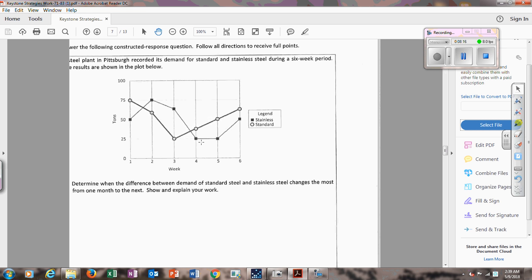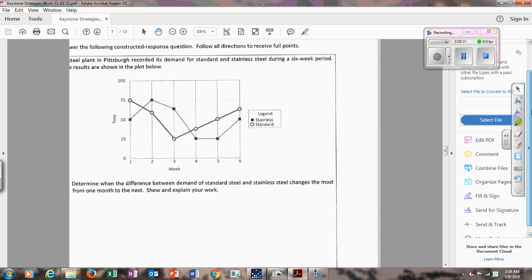So that one's really easy. You could just say, using the chart, the biggest drop off is between weeks 3 and 4, and that would be no big deal. They would completely get that. Put the numbers in there though. So make an approximation for this to be like 65 or 70, and then this to be 25. That way they know that you know exactly what you're talking about.